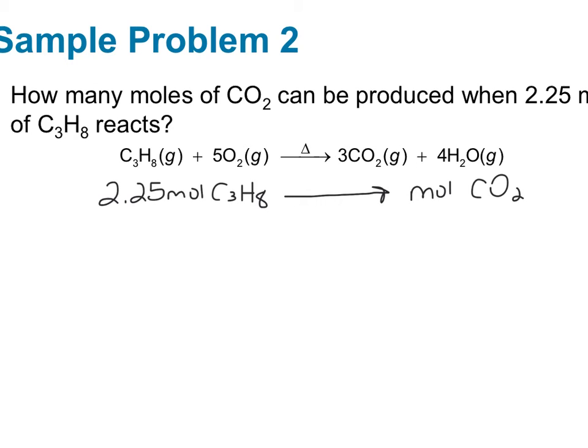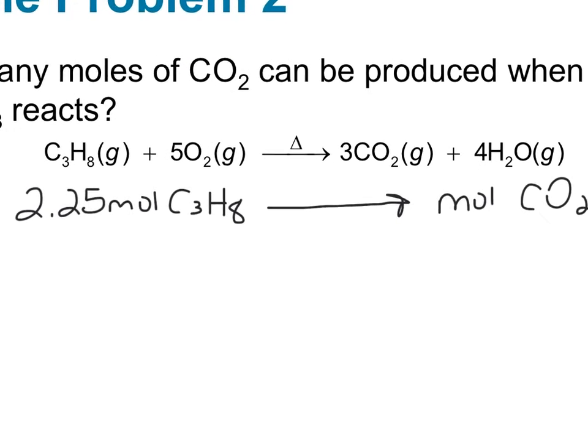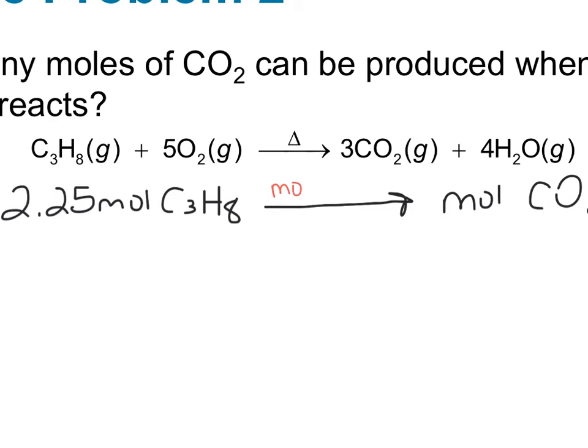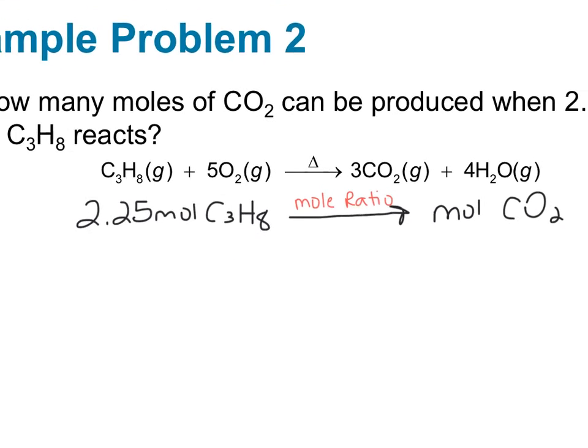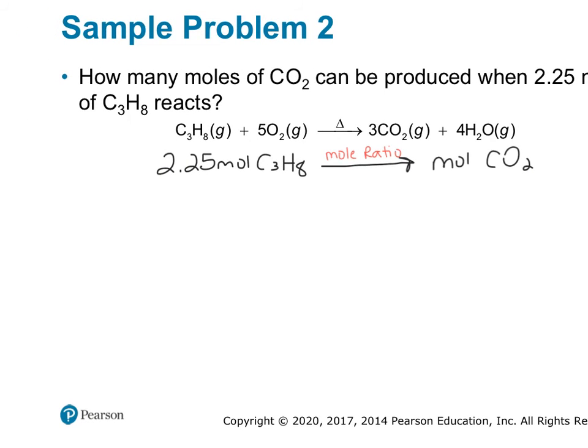To get from moles of known to moles of unknown, look at your mole diagram, and we see that we want the mole ratio to go in there between moles and moles. So that's going to be my plan.